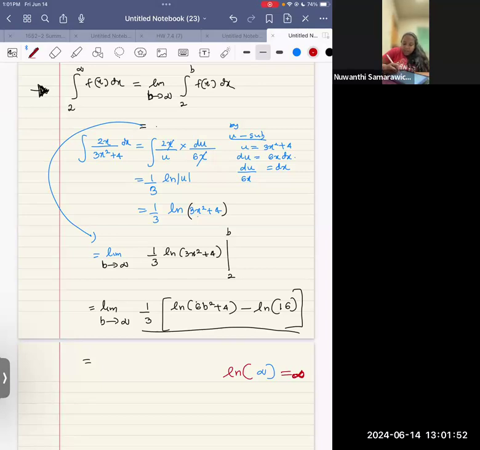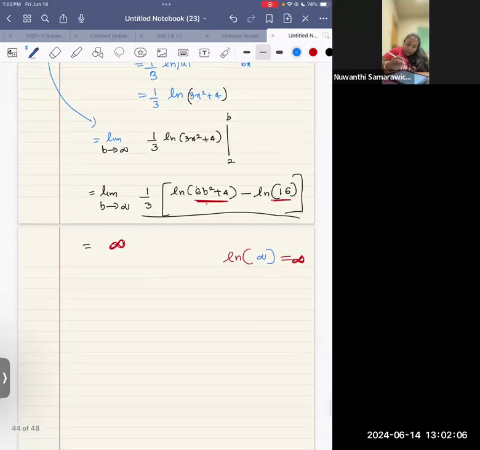When b goes to infinity, the inside part is infinity. It doesn't matter that this is a number, because infinity minus a number is infinity. So what did we find? The integral from 2 to infinity of f(x) dx is infinity. That means this diverges, because it's infinity.